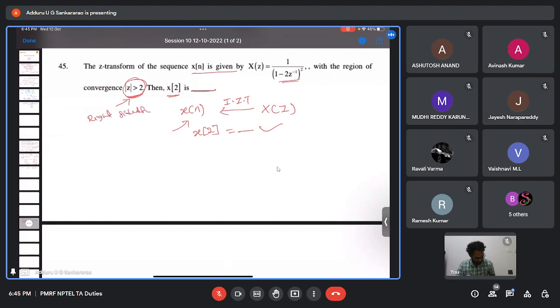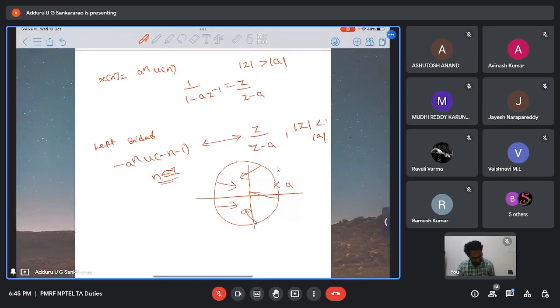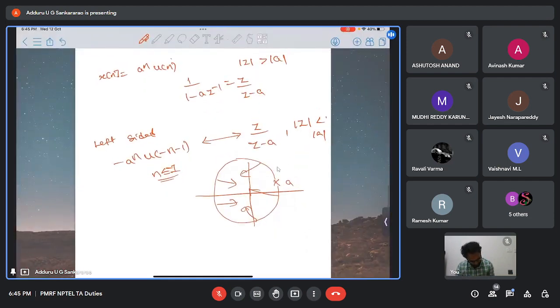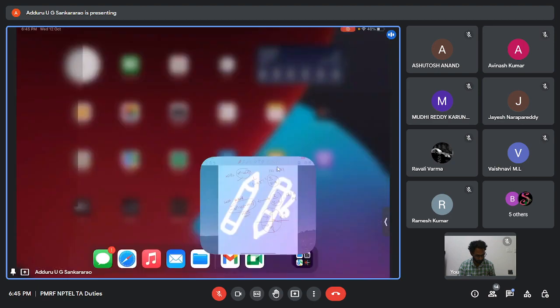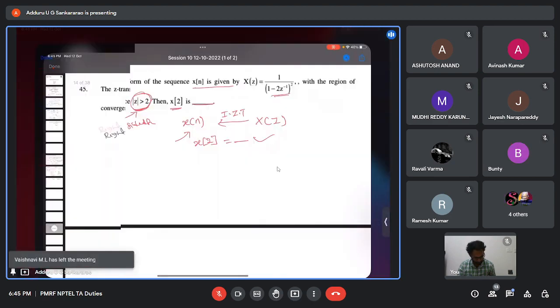Since if you see here, for a power n u of n and for minus a power n u of minus n minus 1, the z transform is the same, z by z minus a. The z transform is the same, but the ROC changes. So based on the ROC, while finding the inverse z transform, we should confirm which one it is.